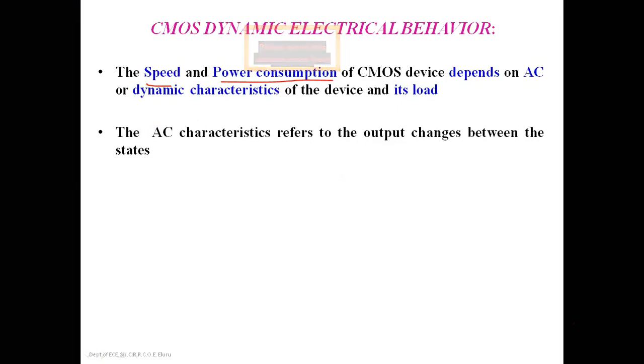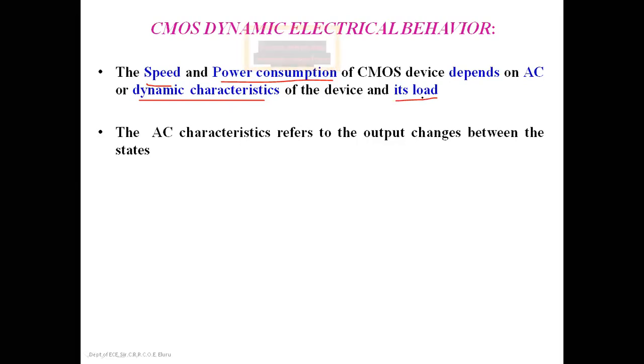The speed and power consumption not only depend on the dynamic electrical characteristics of the CMOS device, they will also depend on its load. So finally, the speed and the power consumption will be determined by two things. One is the dynamic characteristics of the CMOS device, and the second one is the type of load which is connected to the CMOS output.